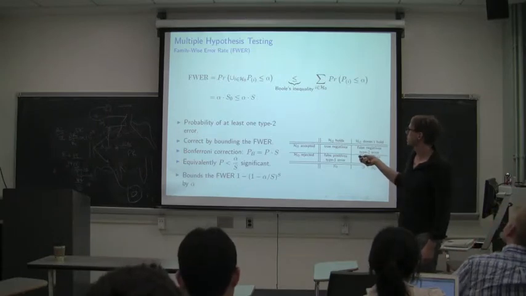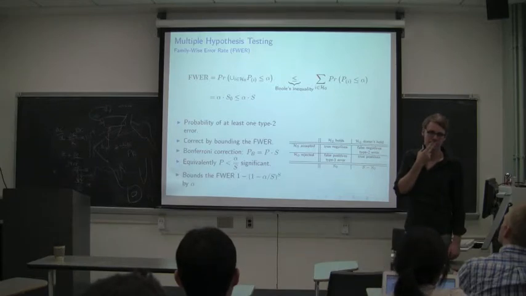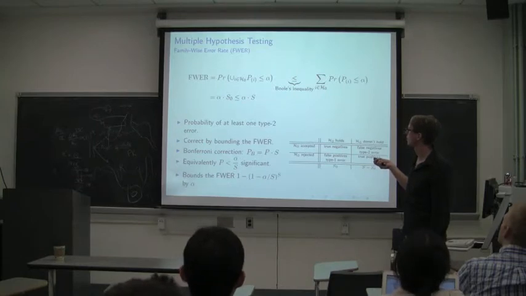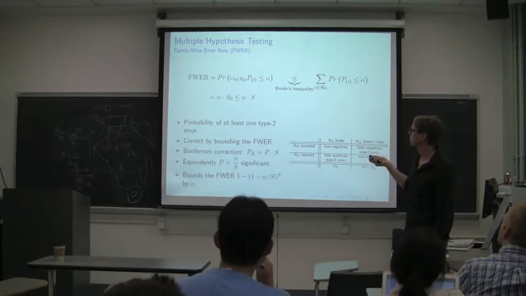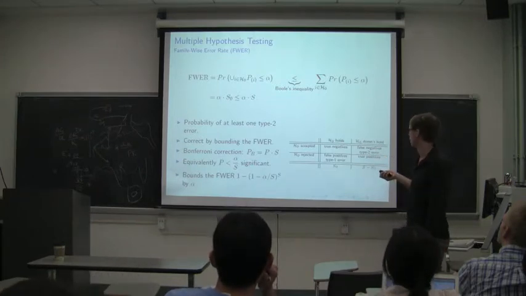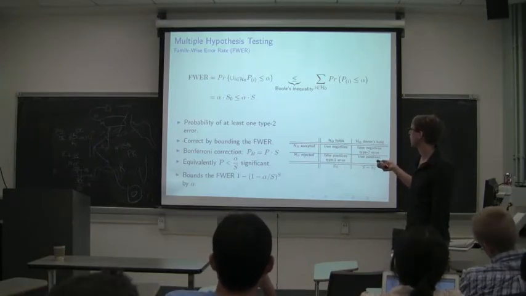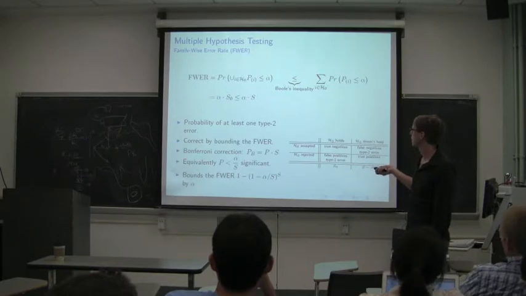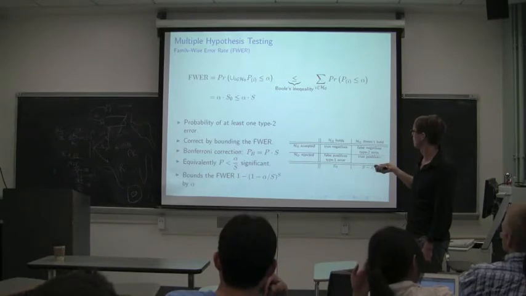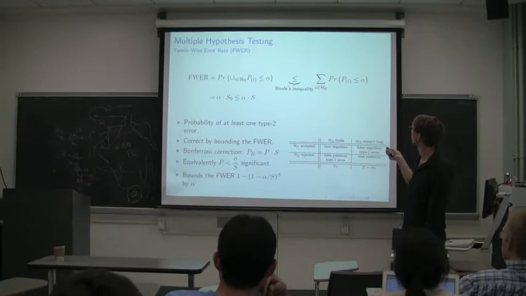So this is smaller or equal to S, the total number of tests times alpha. So the total number of tests times alpha is larger or equal to the actual number of true negatives, the actual number of nulls. So if you divide alpha by S, then we control the family-wise error rate. That's all that it means.